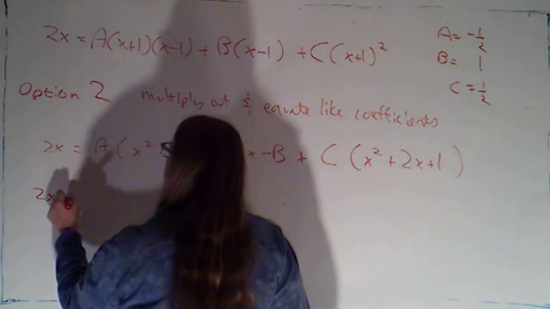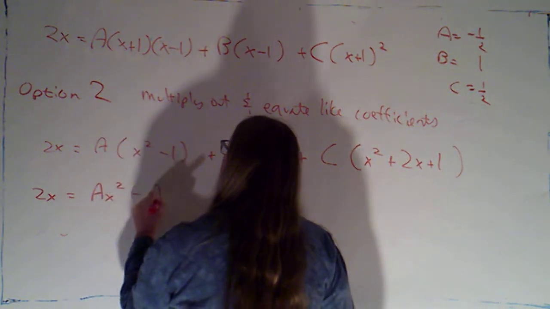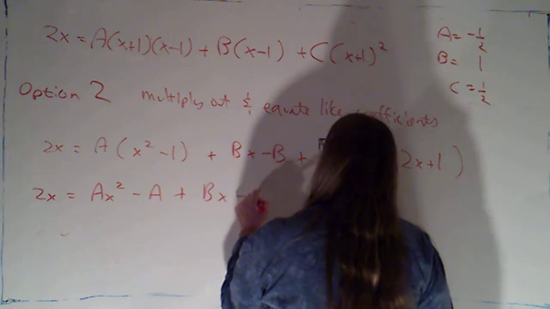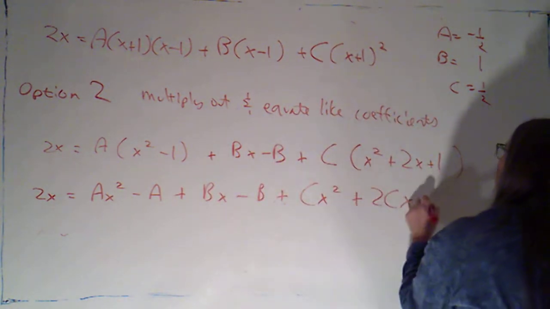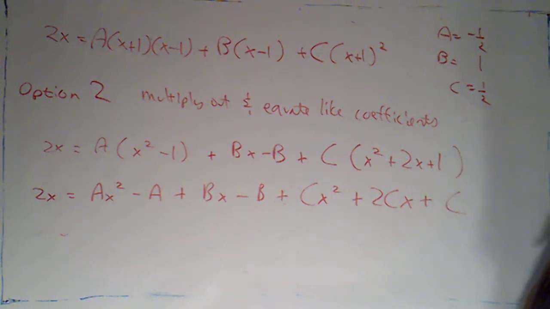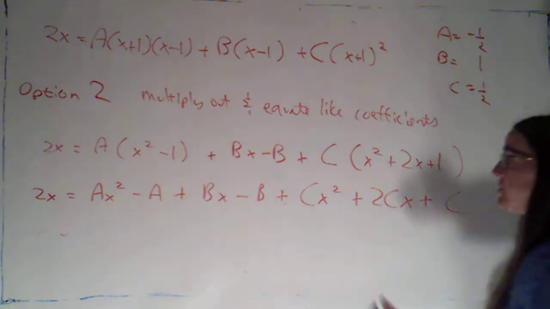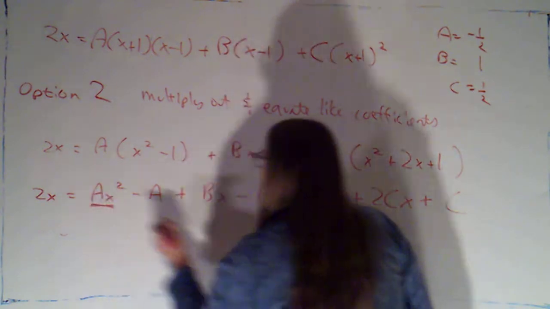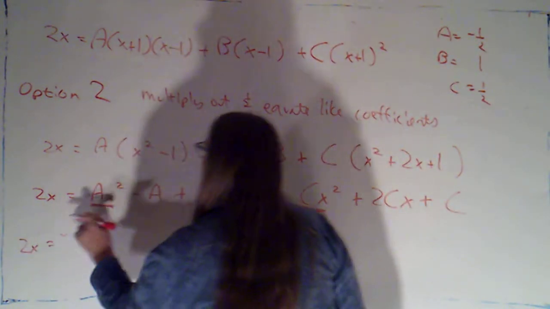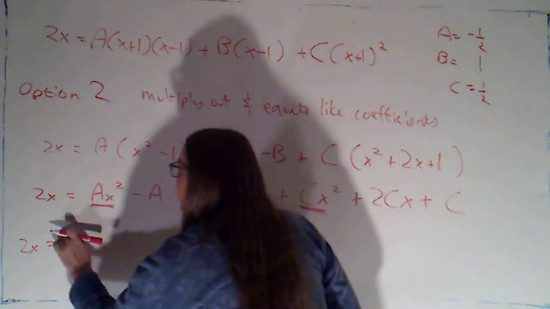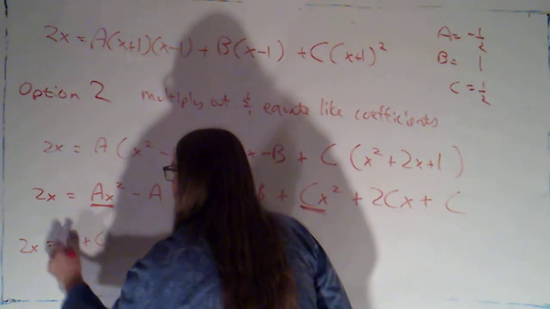So 2x is equal to ax squared minus a plus bx minus b plus cx squared plus 2cx plus c. And what I'm going to do now is combine like terms. So I've got 2x here. For the x squareds, I have a plus c of them.